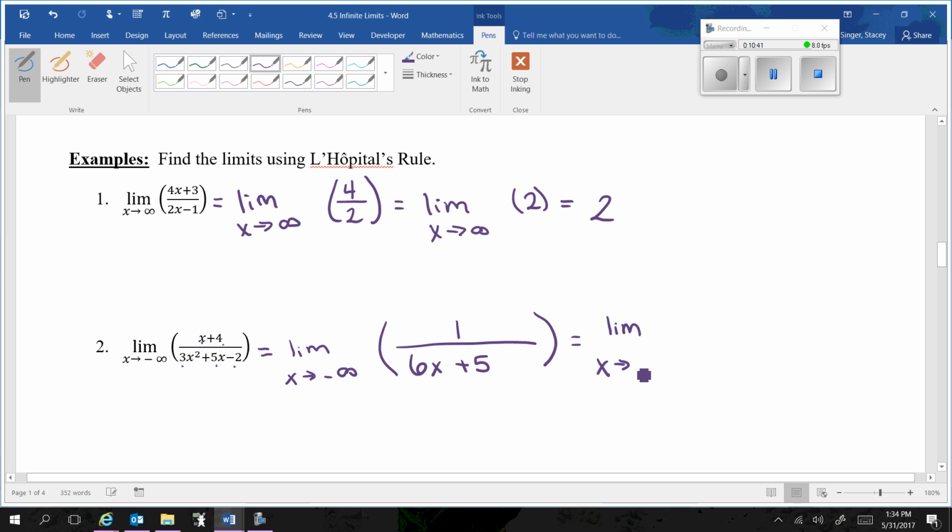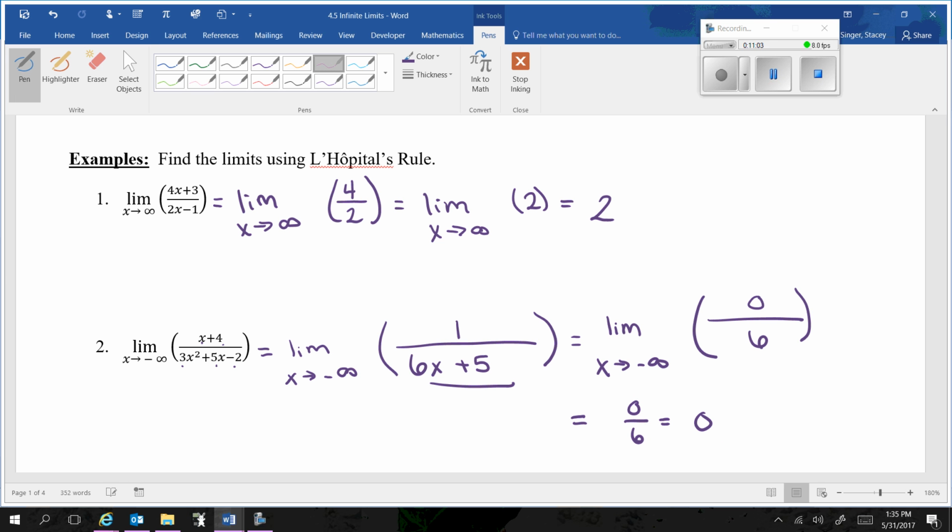as x approaches negative infinity. So you could plug in here, but if you wanted to take it further, what's the derivative of 1? Well, that's 0. And then what's the derivative of 6x plus 5? That just gives me 6. So if I continue to take my derivative, I end up with 0 divided by 6, which still gives me 0.